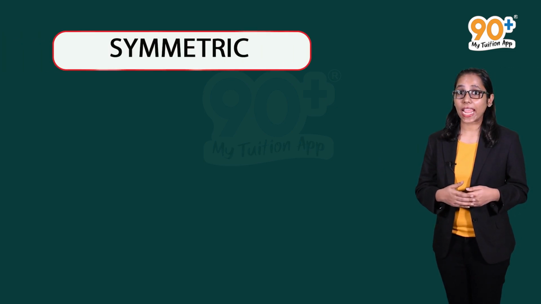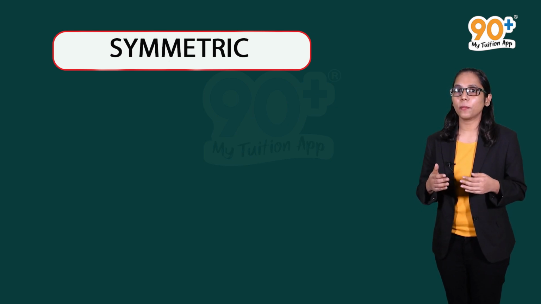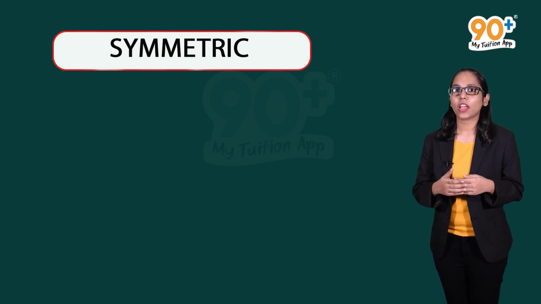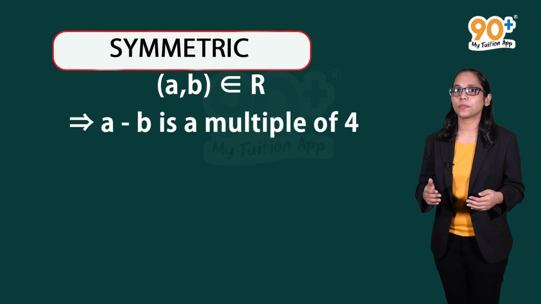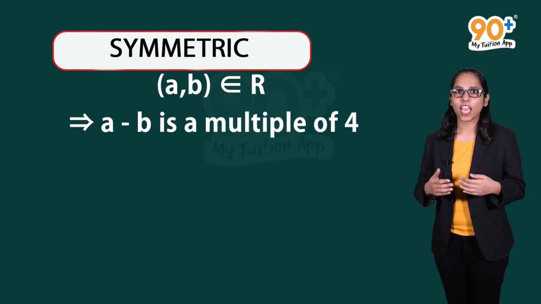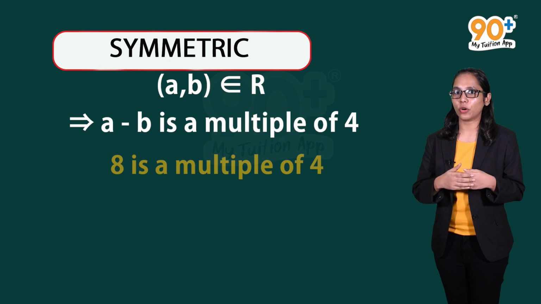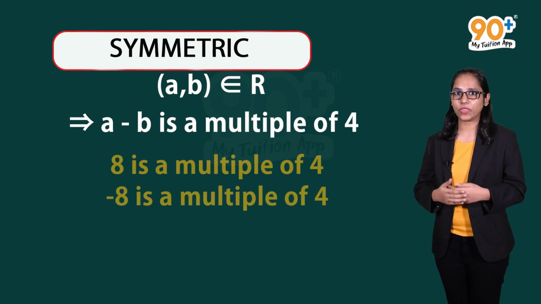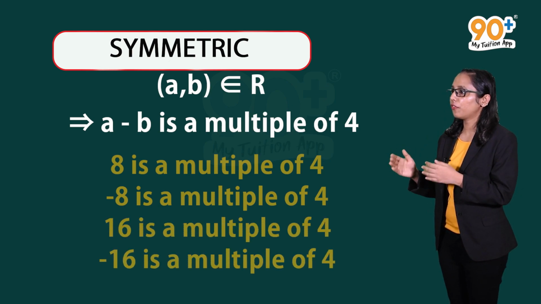If ordered pair (a, b) is an element of R, we need to prove that ordered pair (b, a) is an element of R. We know that if ordered pair (a, b) is an element of R, then a minus b is a multiple of 4. Now, let's take an element from set A, that is 8. 8 is a multiple of 4. That means minus 8 is also a multiple of 4. Similarly, 16 and minus 16 are multiples of 4.